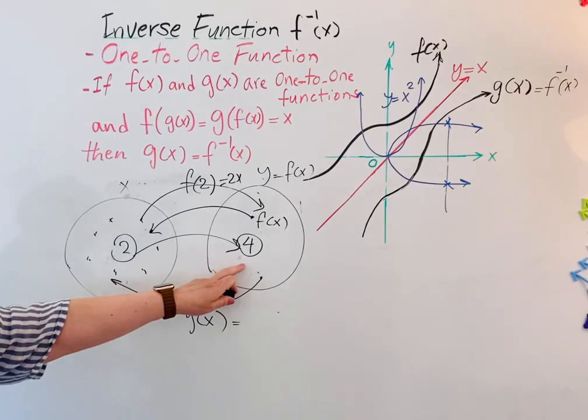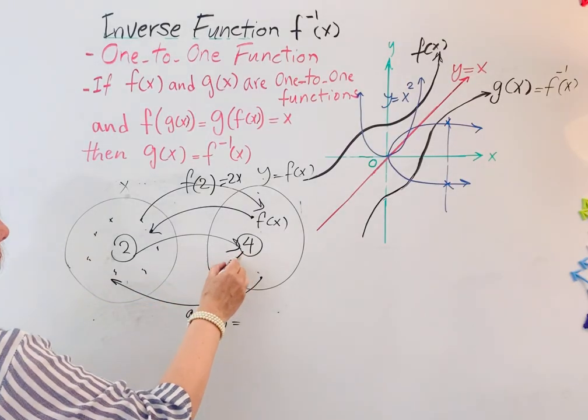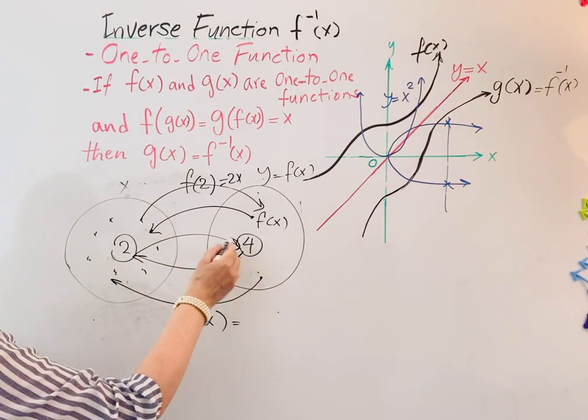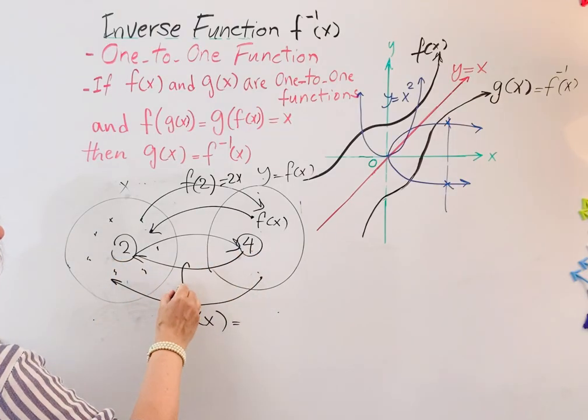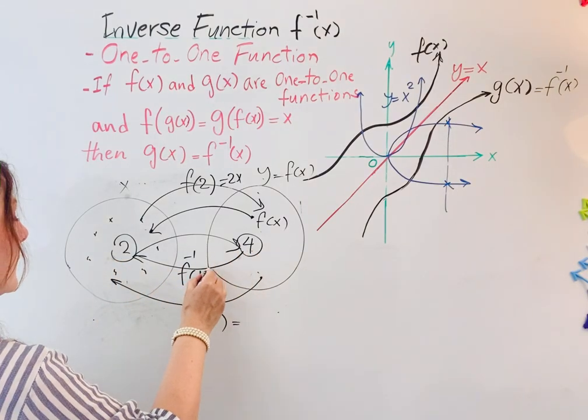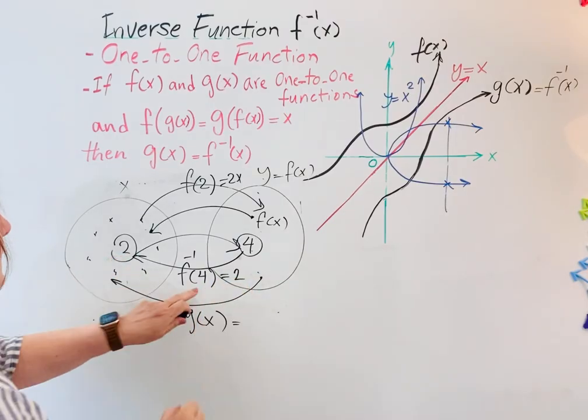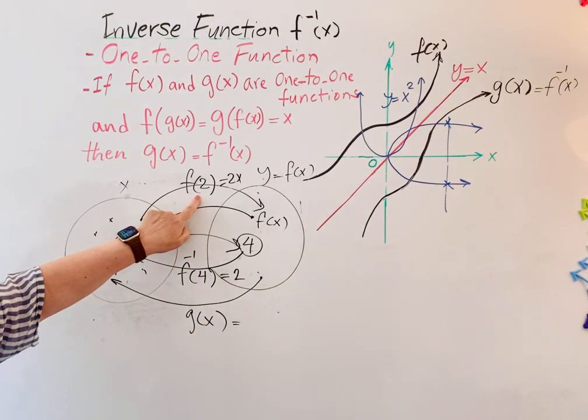If you have another function to use, this one comes exactly back to this number from 4, gets 2. This is inverse to this one.